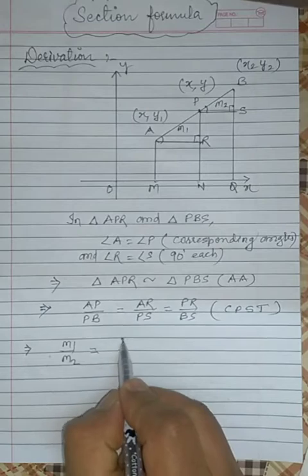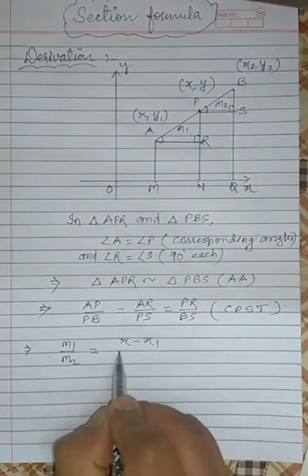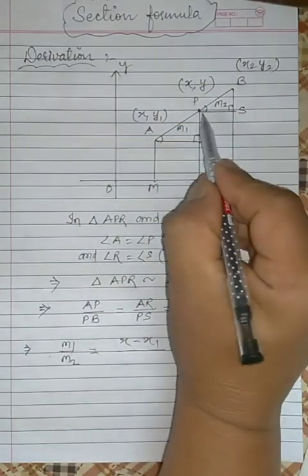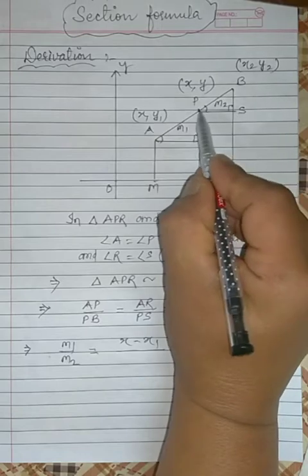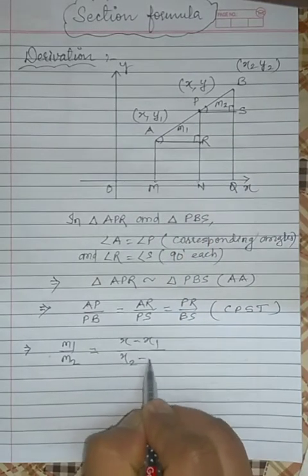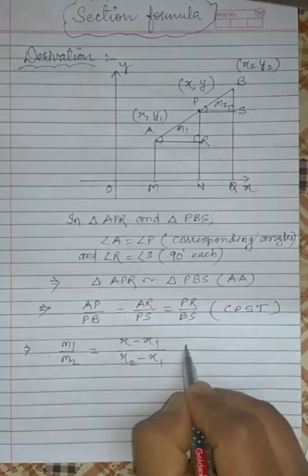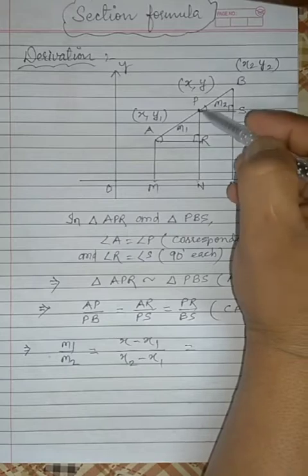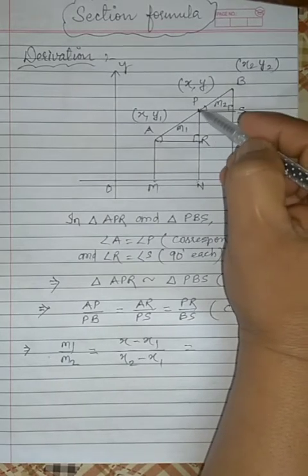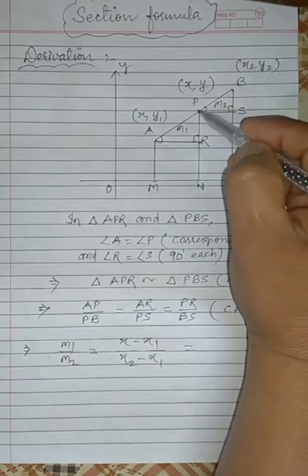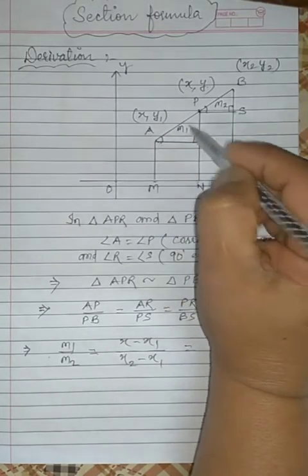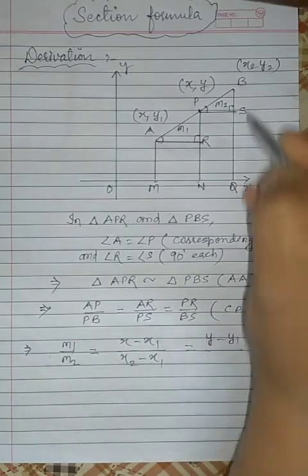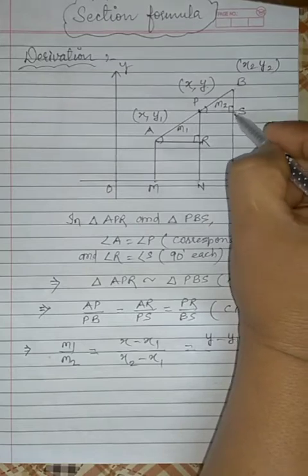It will be x minus x1 upon distance PS, this distance, x2 minus x. Similarly, PR upon BS, coordinates of P, x comma y. So the distance on the y-axis, y, and the distance of this R, y1, it will be y minus y1 upon BS, y2 minus y.